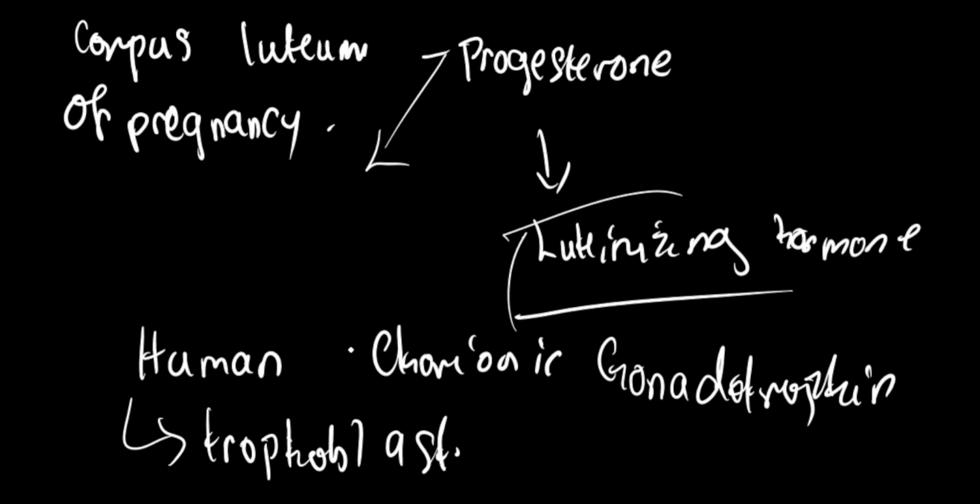However, it's good for us to take note of the fact that the corpus luteum doesn't continue to produce progesterone throughout pregnancy. Basically, the corpus luteum produces estrogen and progesterone.